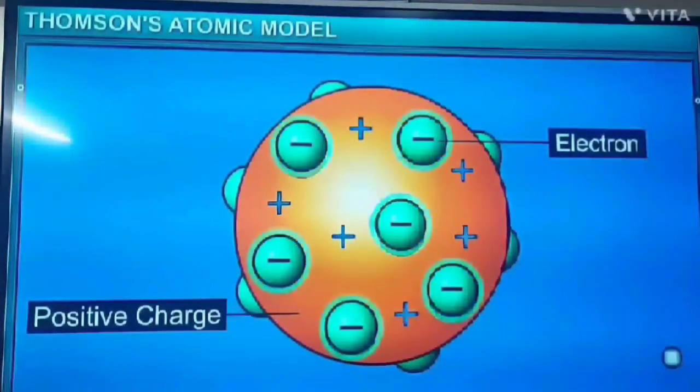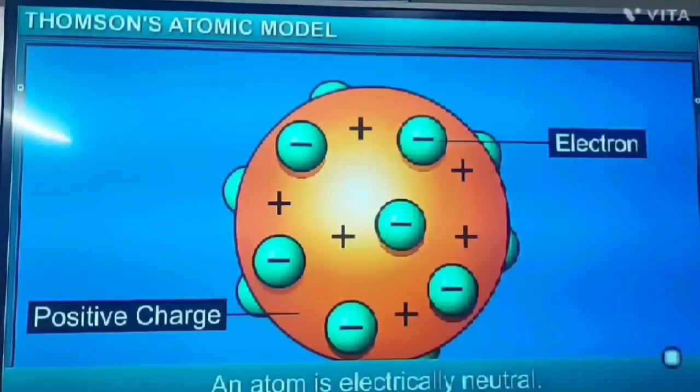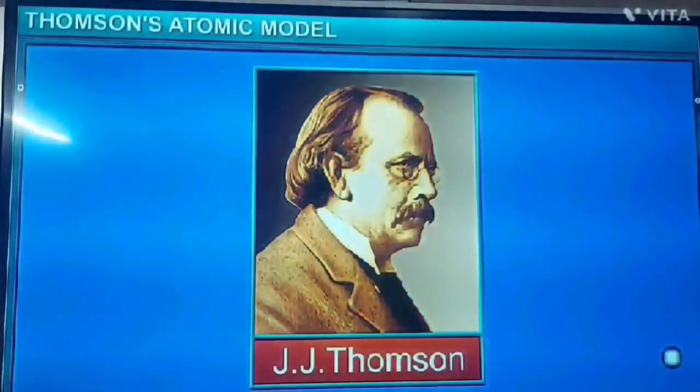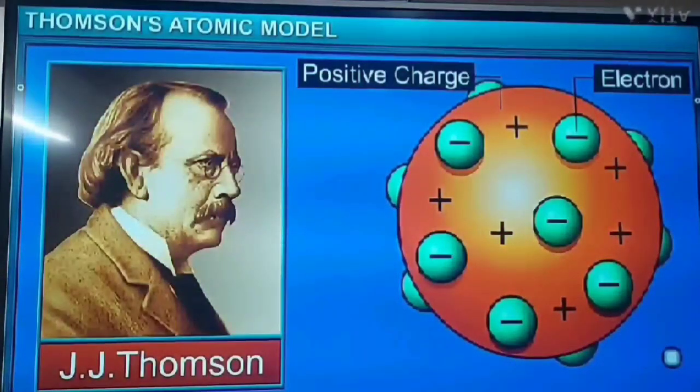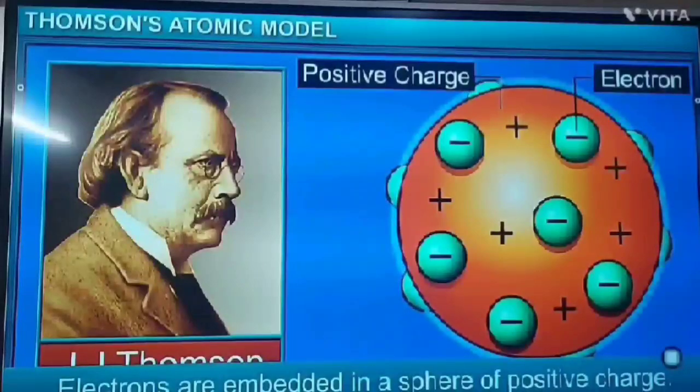An atom is electrically neutral as the positive and negative charges within it are equal. As per Thomson's conclusion, the electrons were embedded in a sphere of positive charge. This conclusion, however, was incorrect.